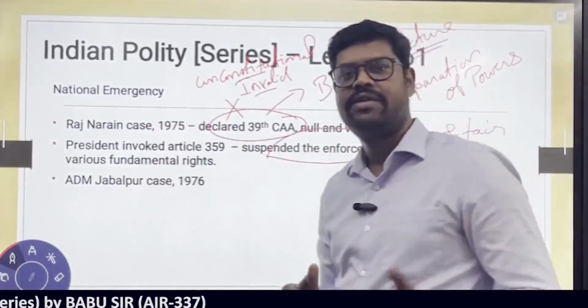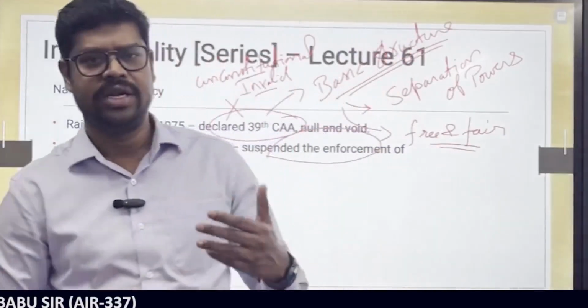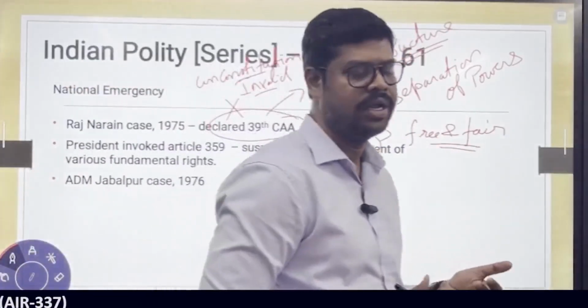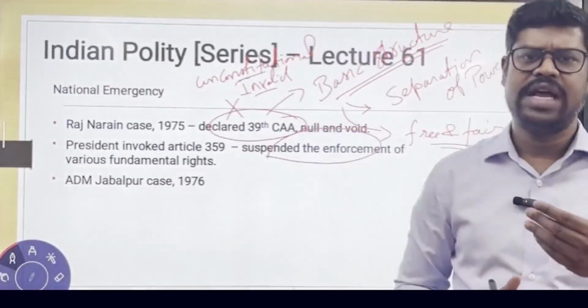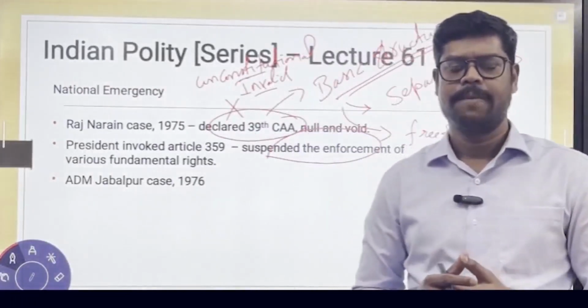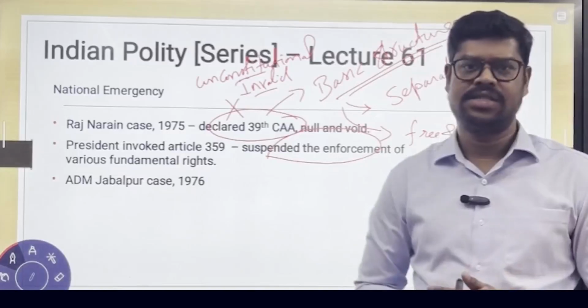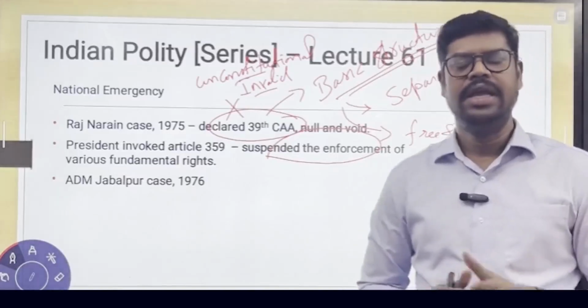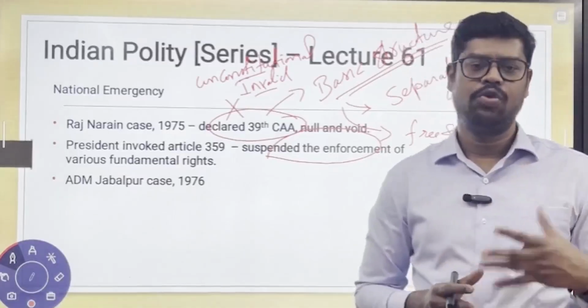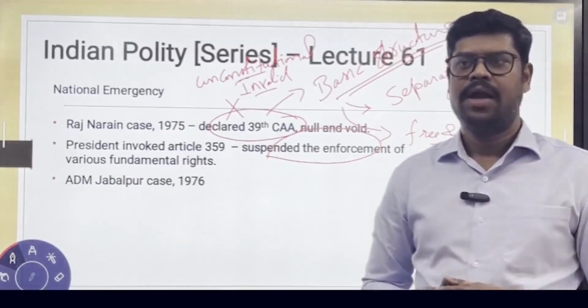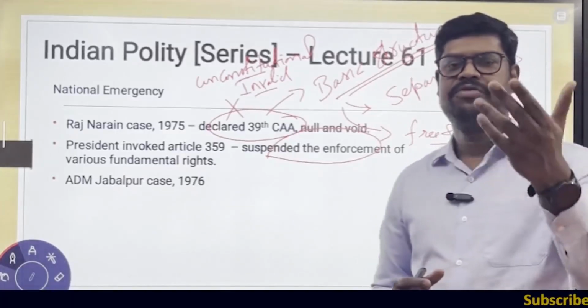When they were arrested and put behind the bars, many of those leaders and many of those people who were arrested by the state authorities challenged such arrest in a court of law. And they said that basically such arrest is violative of their fundamental rights, including Article 21, Article 22 and many of those rights. And all those petitions came in front of the Supreme Court.